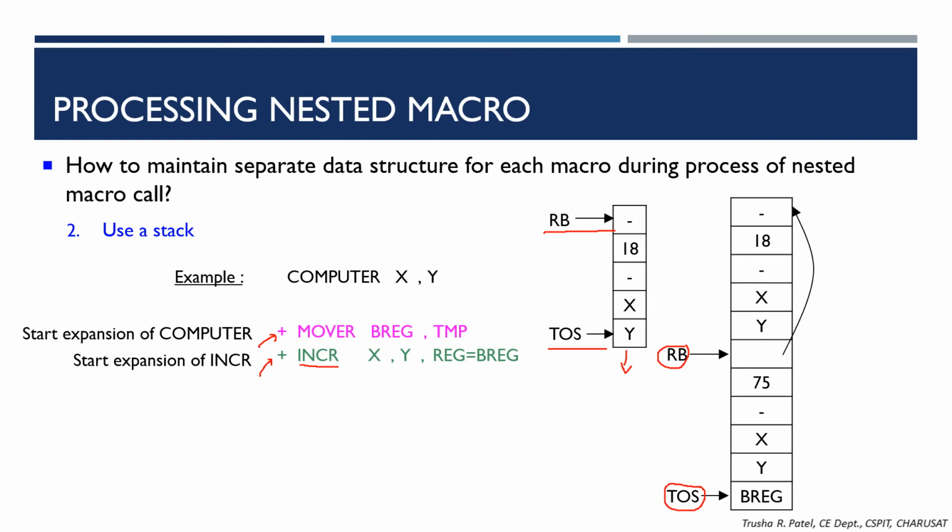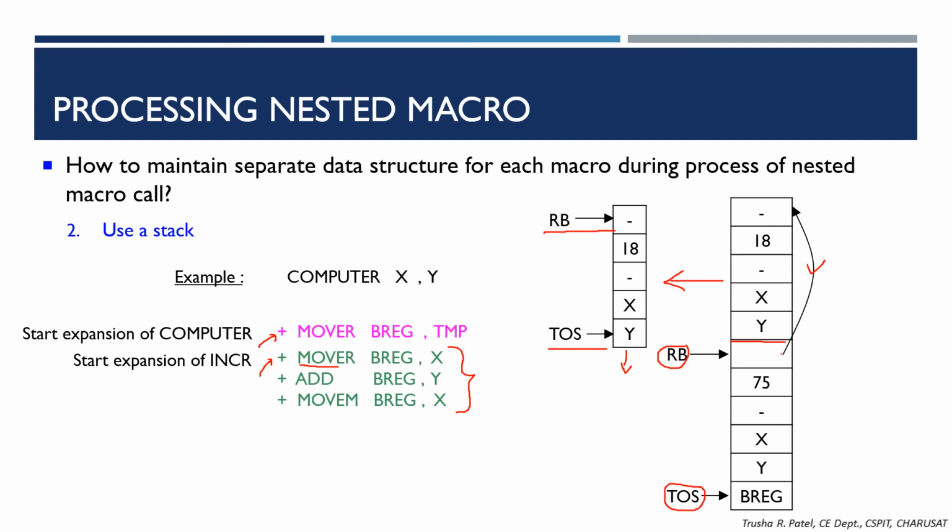And the first location of the expansion time record is pointing to the first location of the previous expansion time record to maintain the rollback. So whenever we are coming back, how will we reset our RB and TOS to the previous location? For that, this particular pointer is maintained, right? So now this INCR is expanded by the body of that macro, and after that we have to come back to the previous position of the stack.